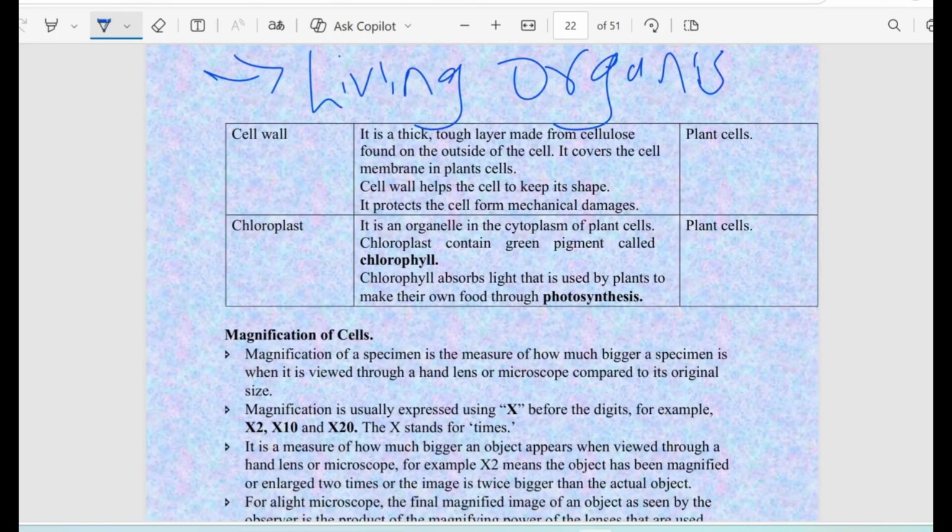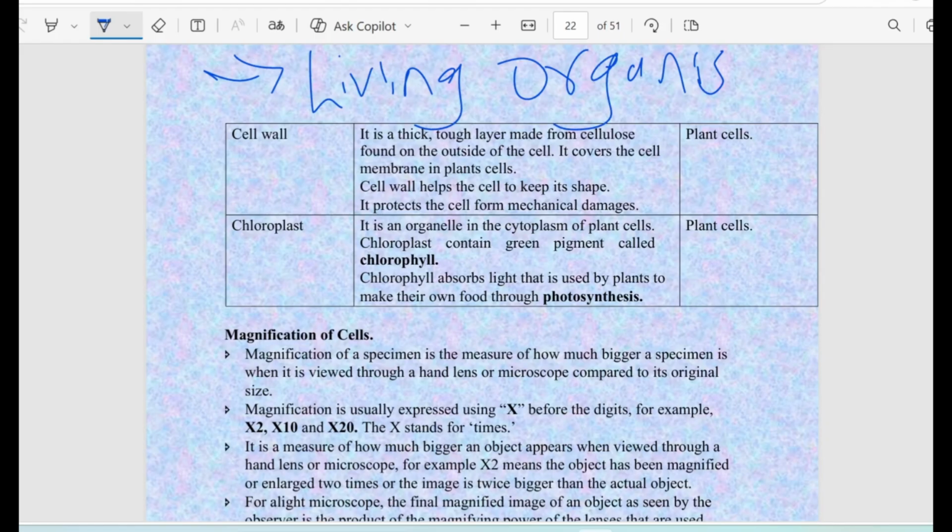Then we have the cell wall. It is a thick, tough layer made from cellulose found on the outside of the cell. It covers the cell membrane in plant cells. The cell wall helps the cell to keep its shape and protects the cell from mechanical damage.